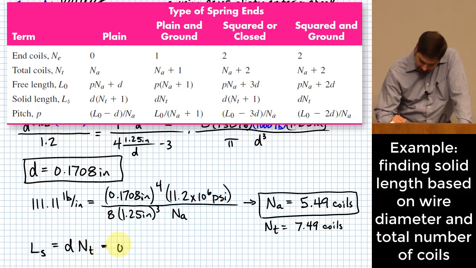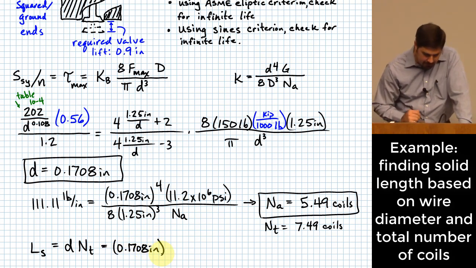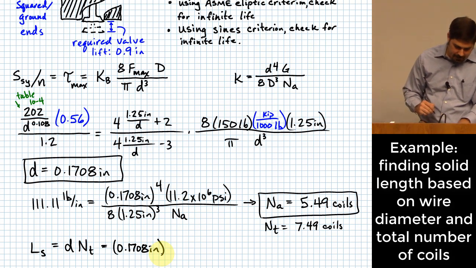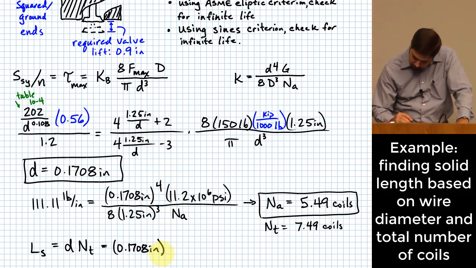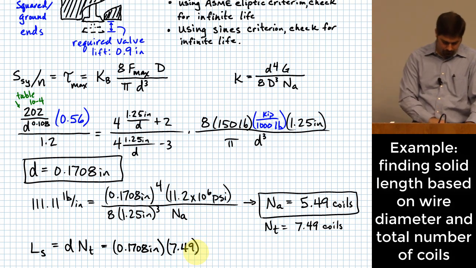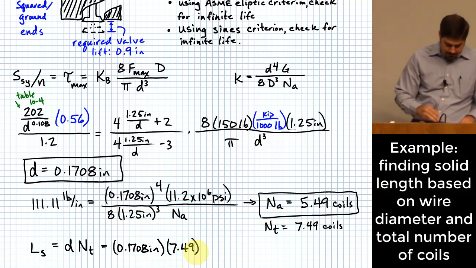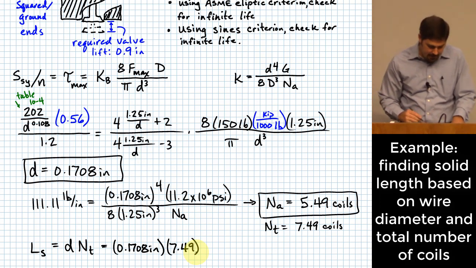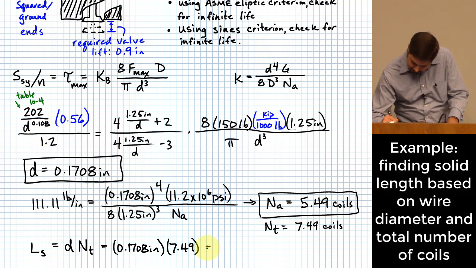So the wire diameter is 0.1708 inches, and the total number of coils, based on table 10.1, is 7.49. That gives me a solid length of 1.279 inches.